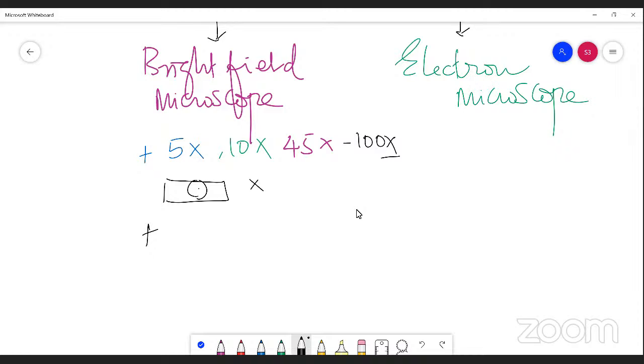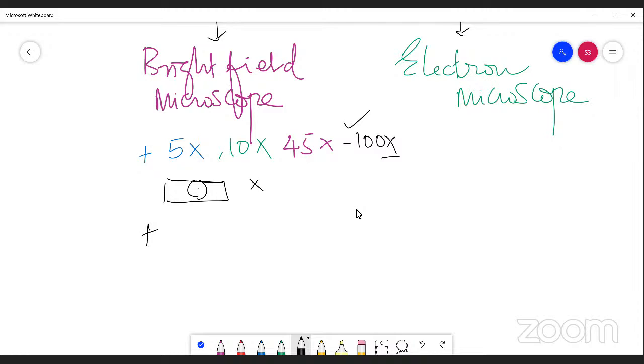Or if you want to see a maximum size of an object by using bright field microscope, you can use 100x. 100x is nothing but a lens system that can be used to increase an object to 100 times greater than its original size, right? So that is called 5x, 10x, 45x, and 100x.